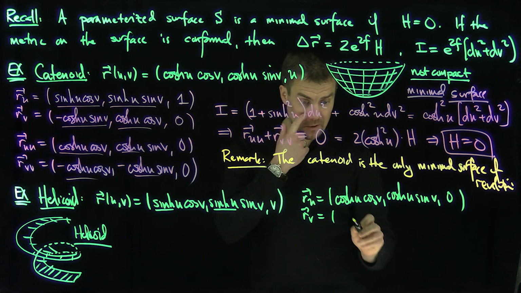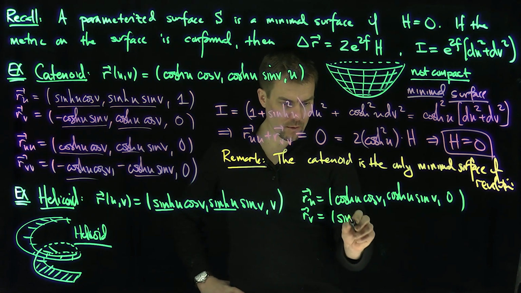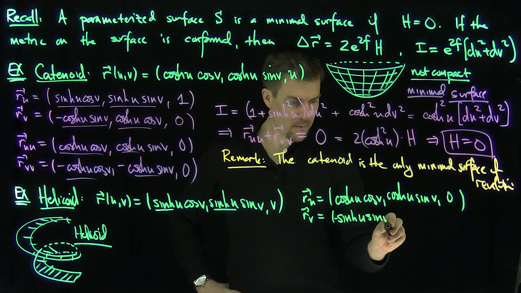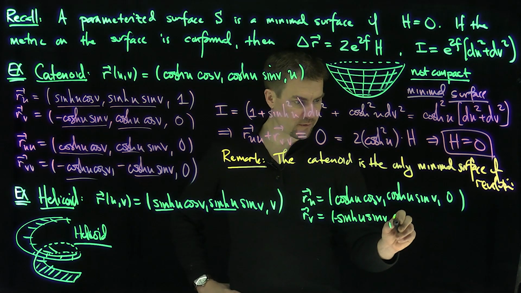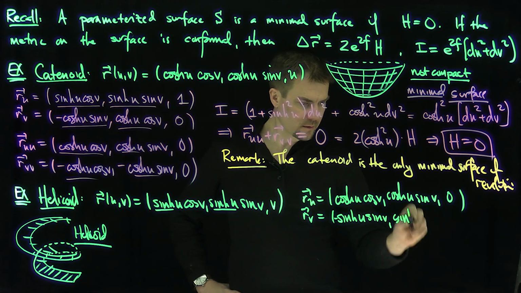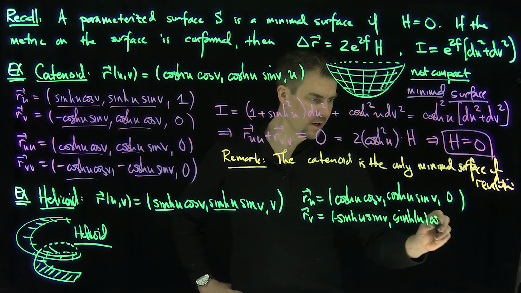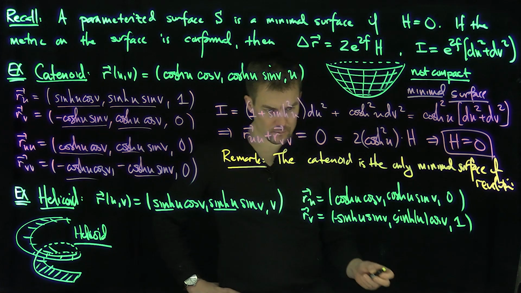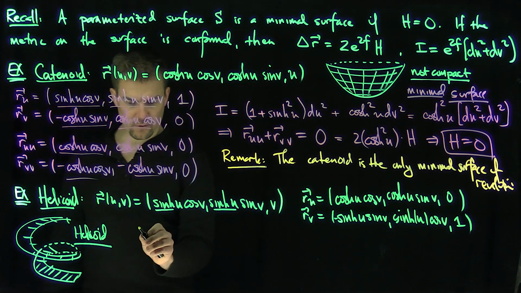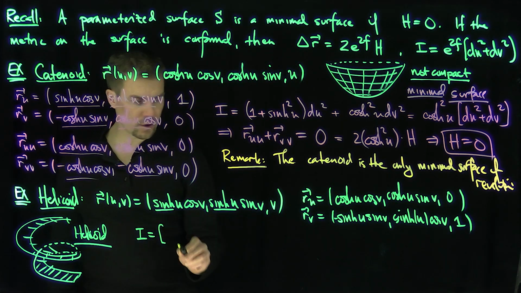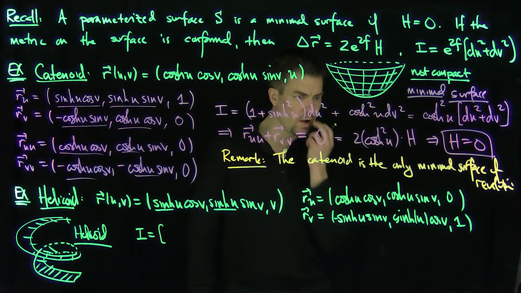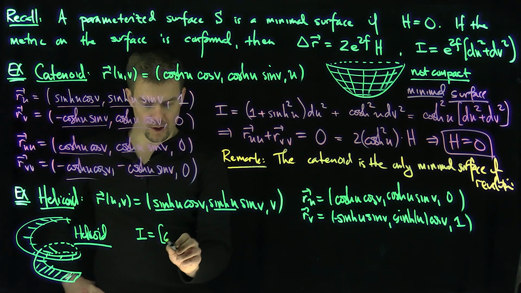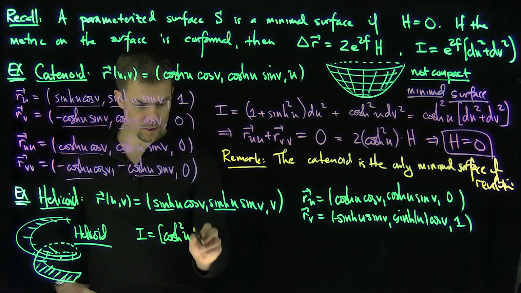Rv is going to be sinh u times negative sine v, sinh u cosine v, and then a 1. So what's my first fundamental form over here? My first fundamental form is going to be Ru dot Ru. That's going to be just cosh squared u du squared.